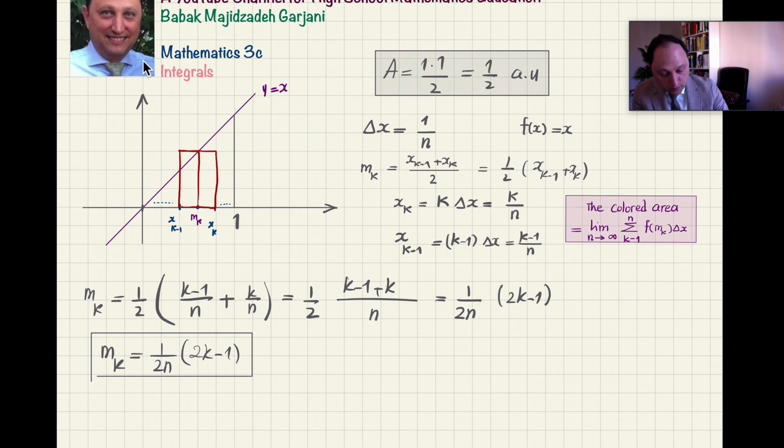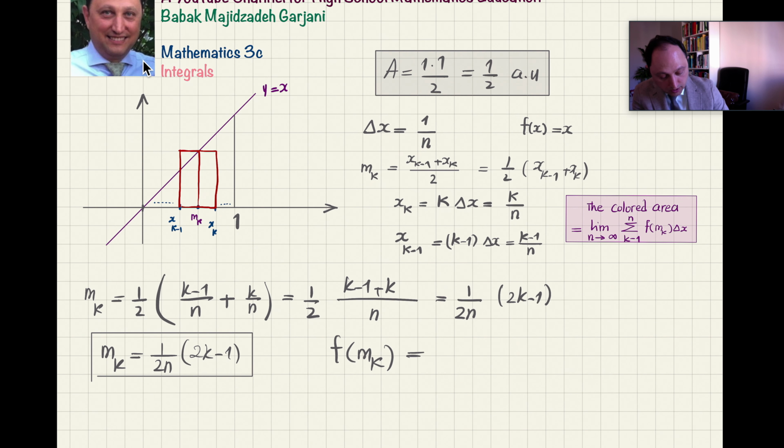So far, what do I need? I need delta x. I did it. Delta x is here. I needed f of mk, I found it, it is here. The next step is to calculate f of mk. So what is f of mk? Can you help me, make me happy?